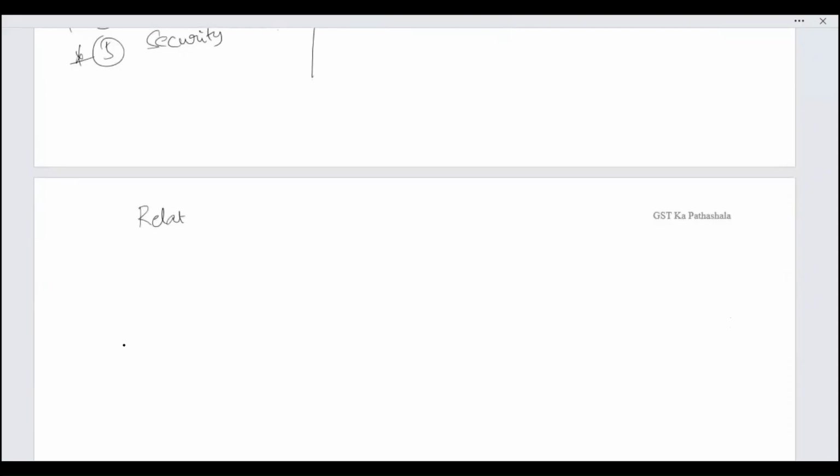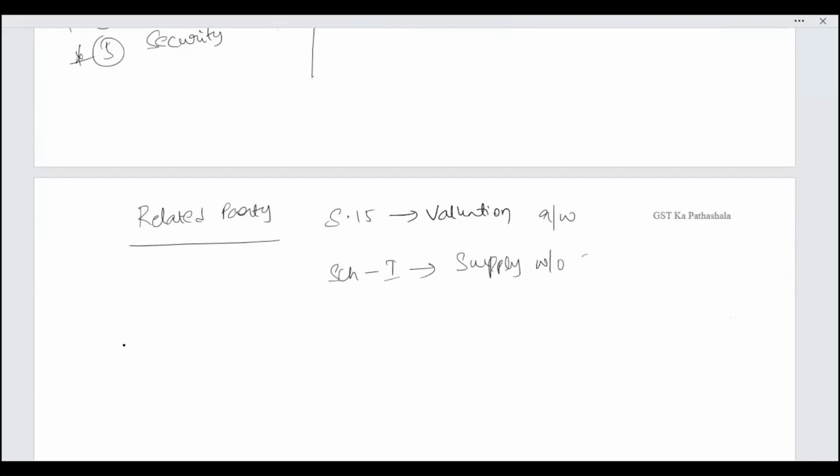With respect to related parties, Section 15, which talks about valuation, read with Schedule 1, which talks about supply without consideration.